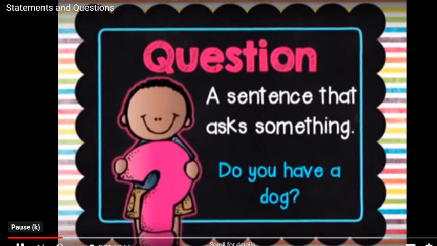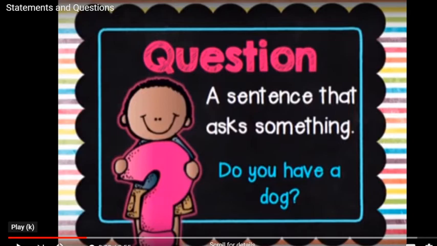The other type of sentence that we looked at was questions. Now, this is a sentence that asks something. For example, do you have a dog? So, questions or interrogative sentences are sentences that ask for something. Let's read the example together. Yes, do you have a dog?